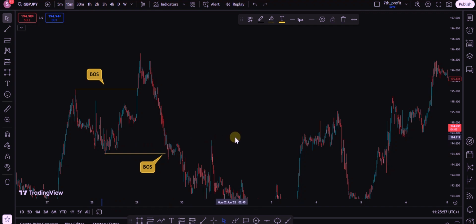Oh, my network is poor. My network is poor, guys. So you mark your zone right here. Let me see if I can refresh. My network is so poor. Sorry, guys.